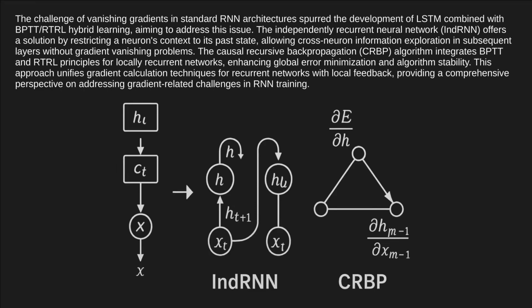The causal recursive backpropagation, CRBP, algorithm integrates BPTT and RTRL principles for locally recurrent networks, enhancing global error minimization and algorithm stability. This approach unifies gradient calculation techniques for recurrent networks with local feedback, providing a comprehensive perspective on addressing gradient-related challenges in RNN training.